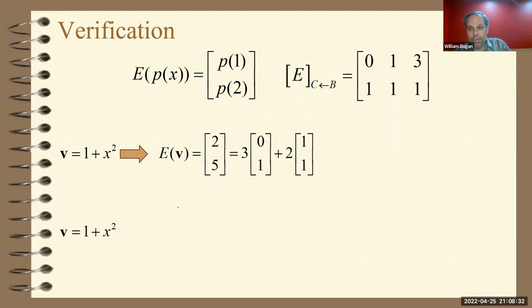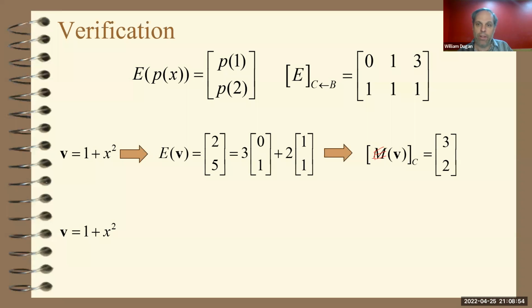So that's 2, 5. Notice that that is 3 times 0, 1 plus 2 times 1, 1. So I did it again. So then the coordinates of E of v relative to C is the scalars used in that linear combination, 3, 2. Cool.